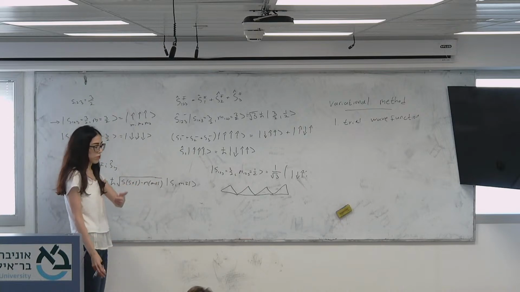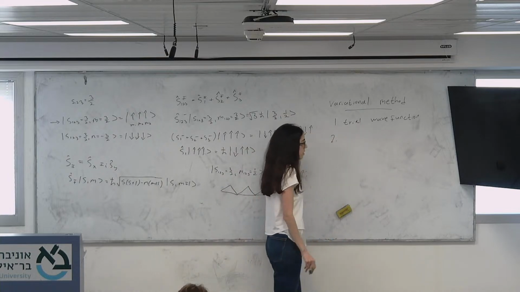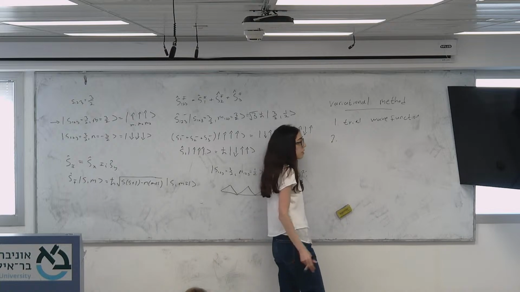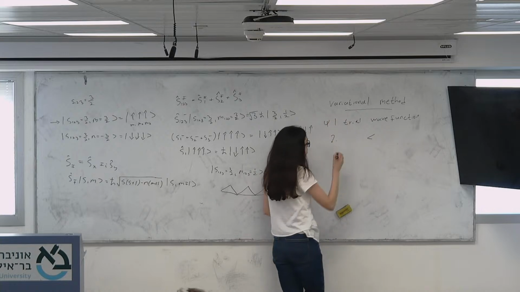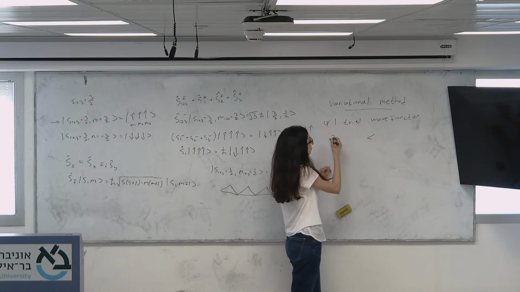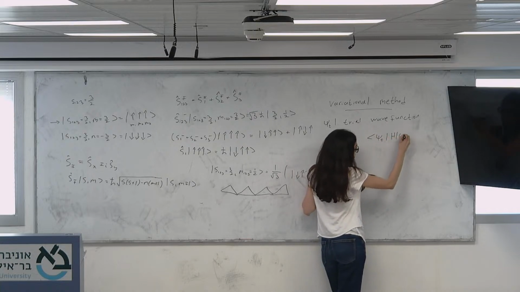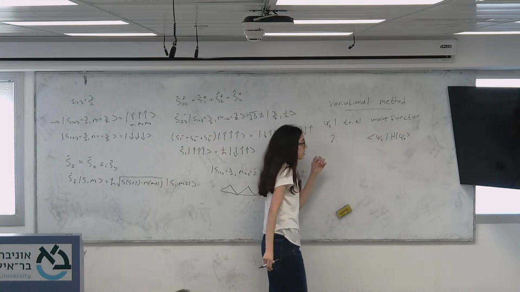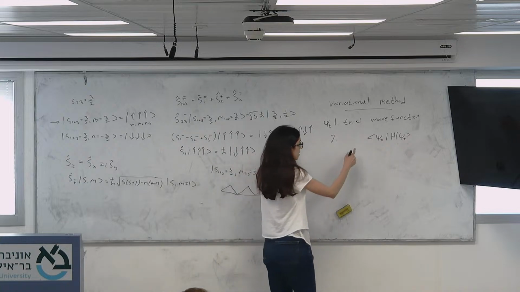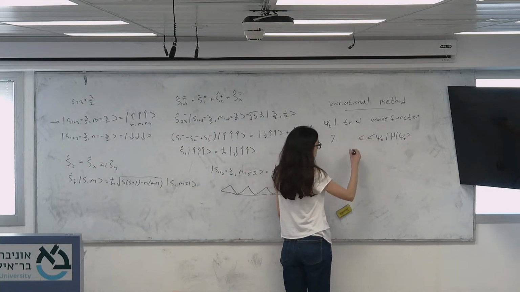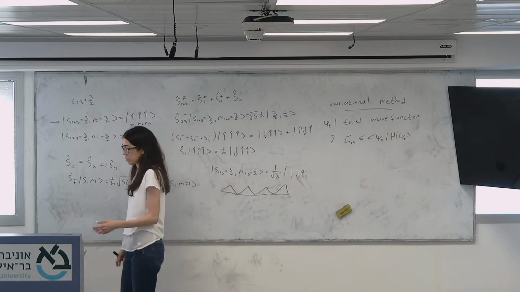So you guess a trial wave function, and the second step, you find the expectation value of the Hamiltonian. If you guess the trial wave function, let's call it psi t, you calculate psi t H psi t, and the assumption of the variational method is that that is going to be larger or equal than the actual ground state of the system.